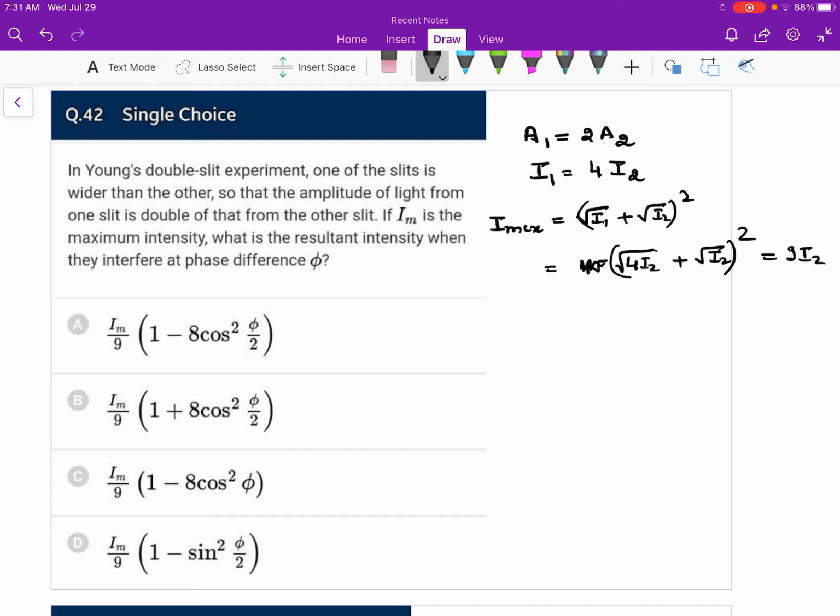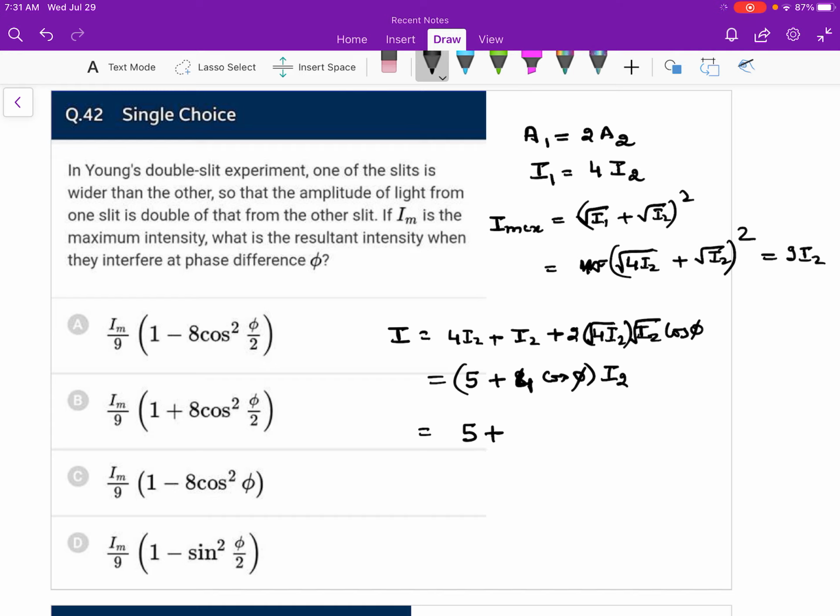This is I max. Okay, now intensity when phase difference is phi, I is I1, which is 4I2 plus I2 plus 2 root I1 I2 cos phi, so this is 5 plus 4 cos phi into I2. Now 5 plus 4 cos phi, we can write 1 plus cos 2 theta is 2 cos square theta.